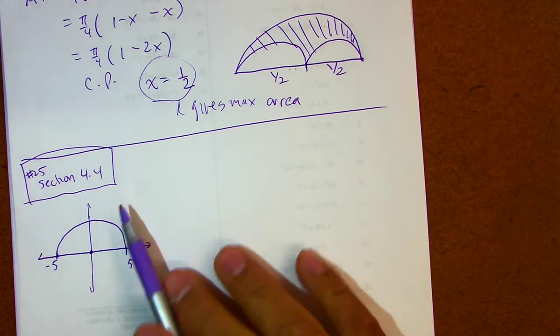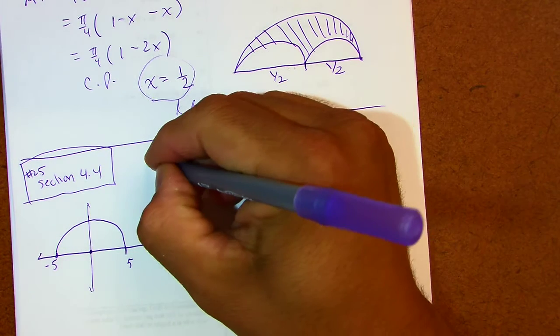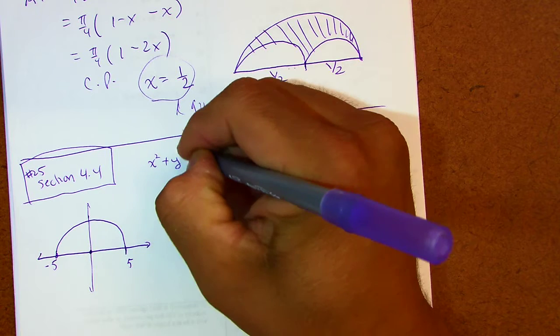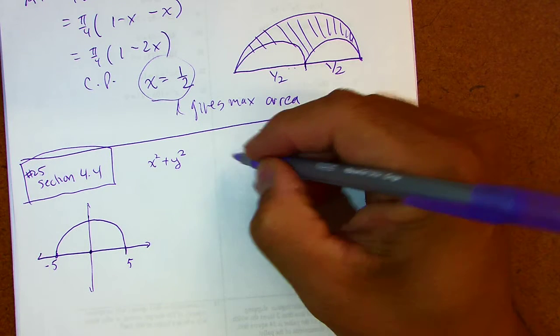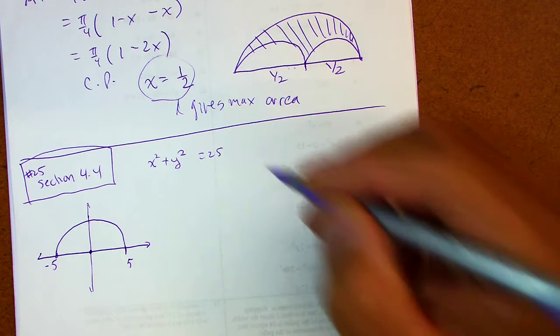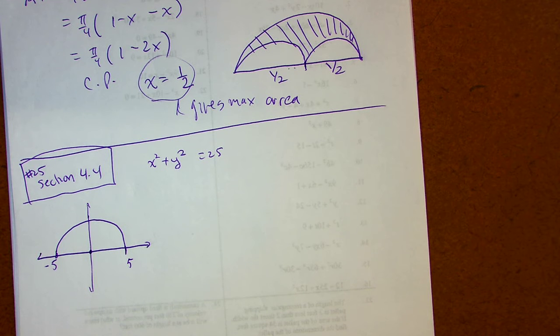So our equation here for the constraint, if we think of the equation of the circle, will be something like this. Equation of a semicircle with radius 5.